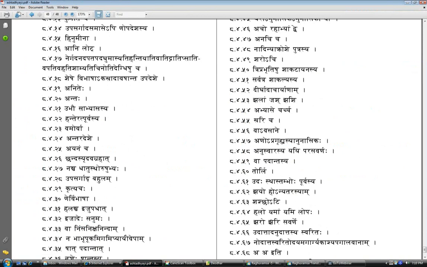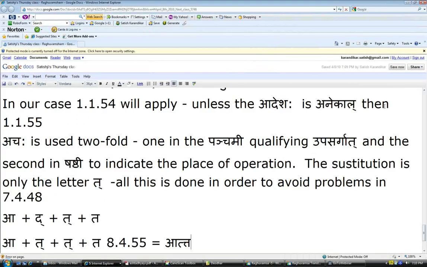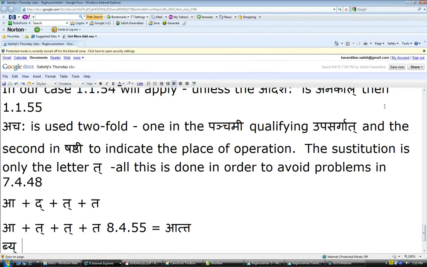We have a three-member conjunct. The second and third should be savarna jars. Then that prior jar will optionally take lopaha, jaro jari savarne. So 8.4.65. By 8.4.65, you can optionally remove the middle takara.